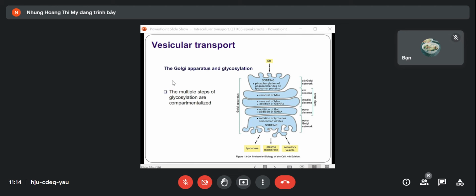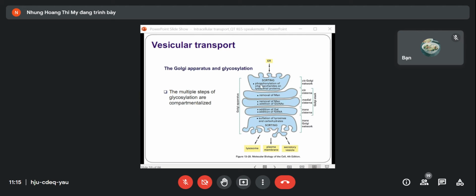So when the vesicle comes from the ER to the Golgi apparatus and fuses with the cis phase of the Golgi network, all the protein will be released into the Golgi lumen or spread on the Golgi membrane.